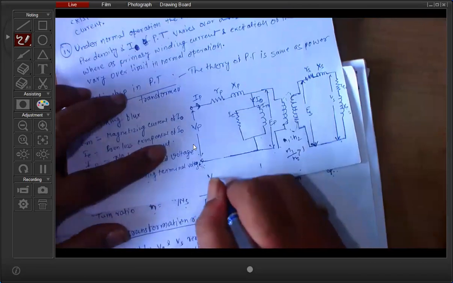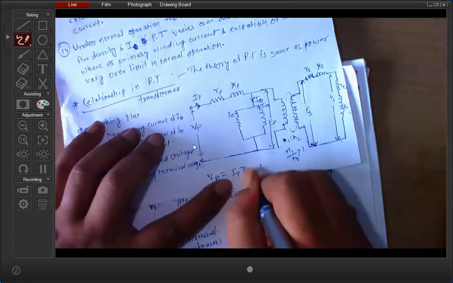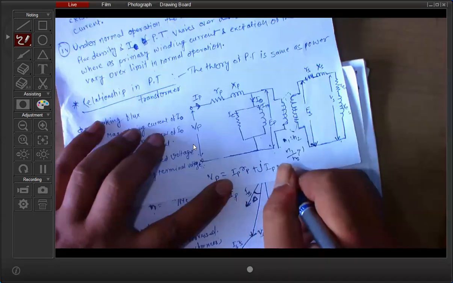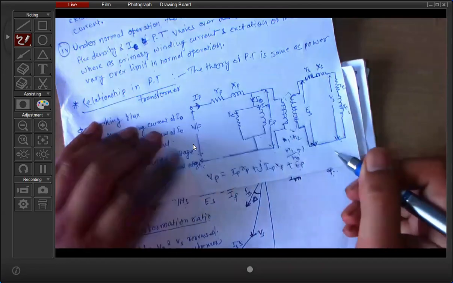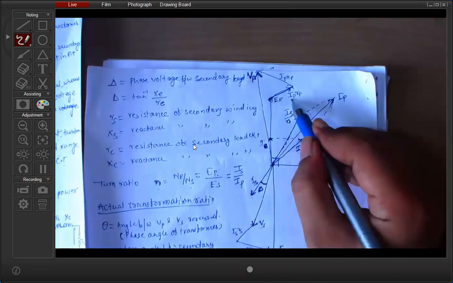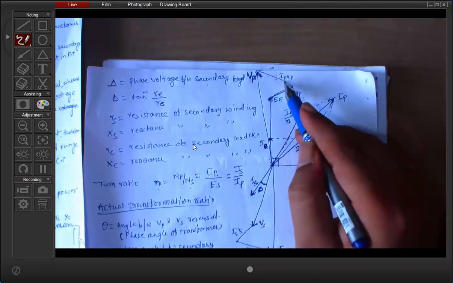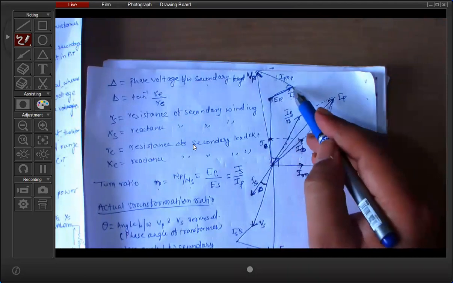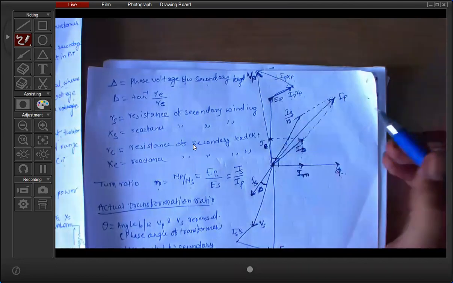Vp is equal to Ip into Rp plus j into Ip into Xp plus Ep. Yes or no? So Ep plus this part is called the Ip into Rp component, and this part j into Ip into Xp, and the phasor sum of Ep, Ip into Rp, plus j into Ip into Xp is equal to Vp. Any doubt?